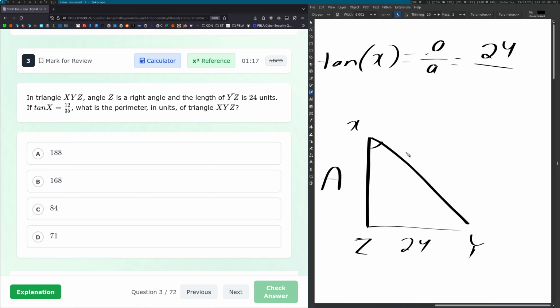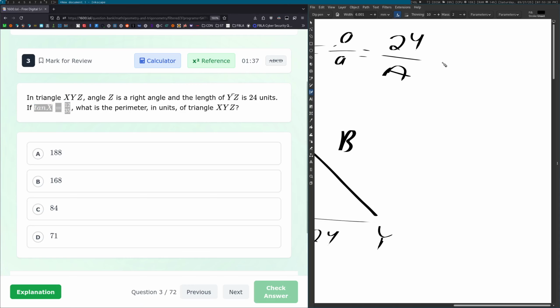A for Asian. And this can be B. So we've got that is equal to 24 over A. And let's look at what the problem told us. It told us that tan of x is also equal to 12 over 35.